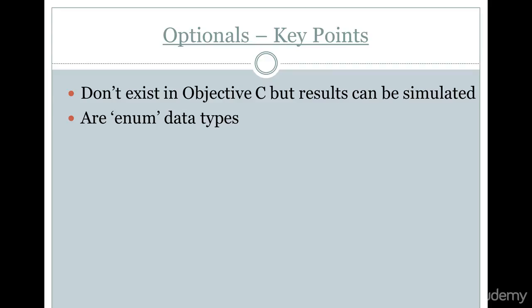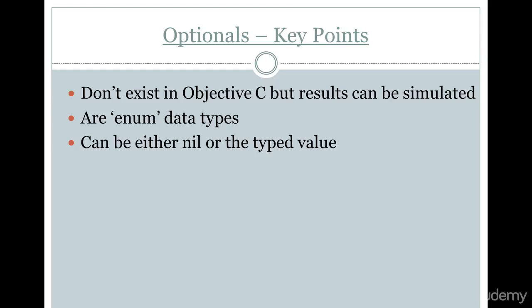So it's important to understand that an optional is an enum data type, and it is a data type of its own. Now, with an enum and with the optional data type, in this case, the data type, as we said, is either going to be nil or it's going to be the typed value.